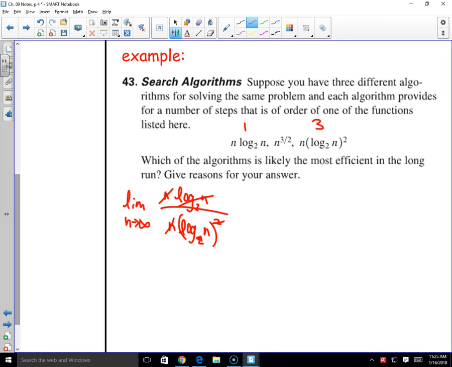So therefore, bottom wins, this one is 0. So right away I know that 3 is larger, so he's not the most efficient because he takes more steps than 1, or a greater number of steps. Then I would just go ahead and compare 1 and 2.